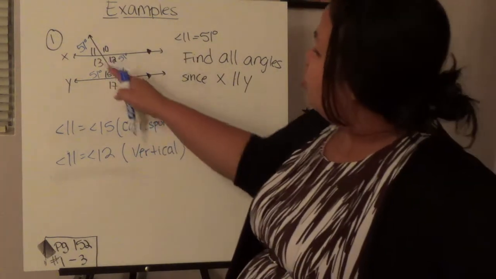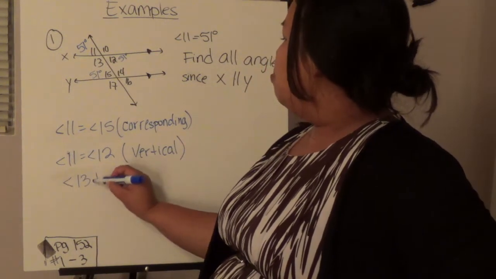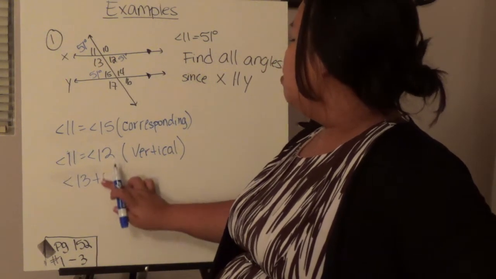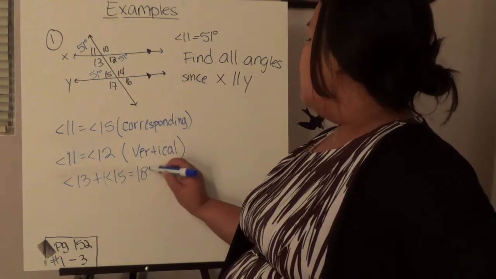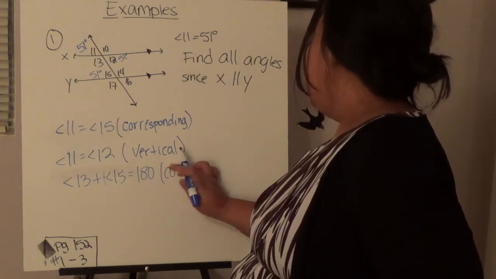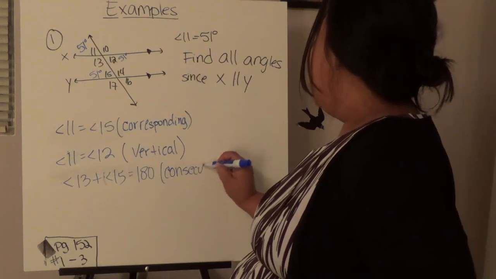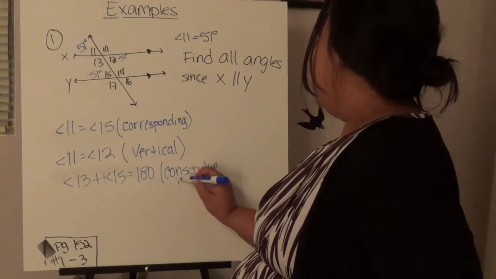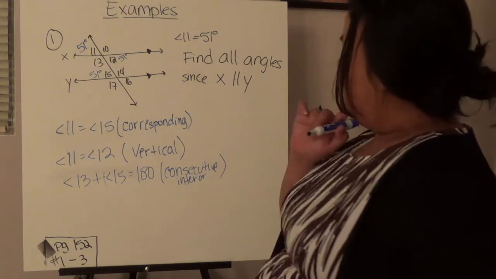And I know 13 and 15 are what? Supplementary. So I know that angle 13 plus angle 15 equals 180. And this is because they are consecutive interior. Same side on the inside.